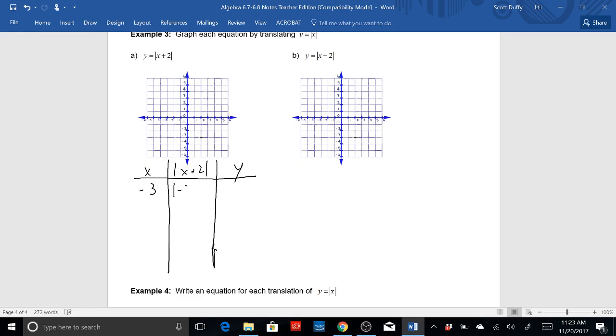Absolute value of -3 plus 2. Well, that's -1. Absolute value of -1 is +1. So (-3, 1). Let's go -2. -2 plus 2 is 0. Absolute value of 0 is 0.